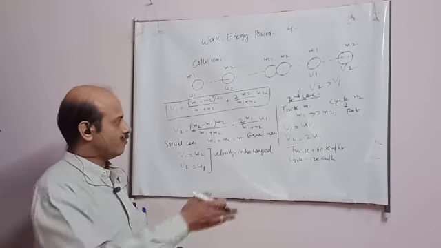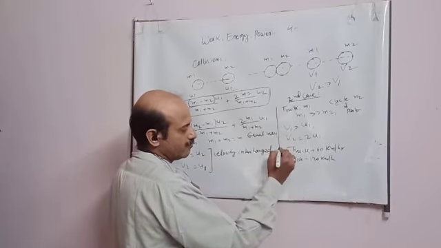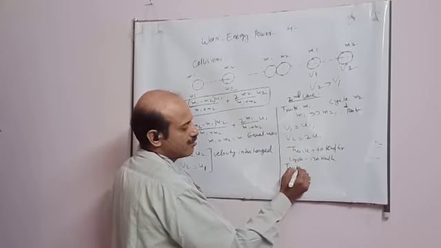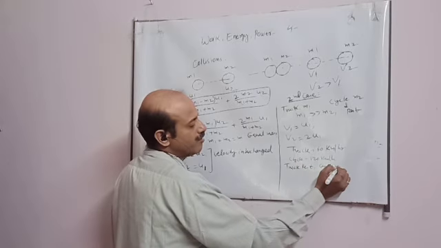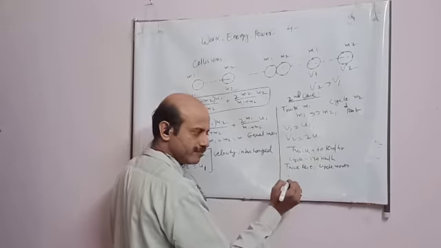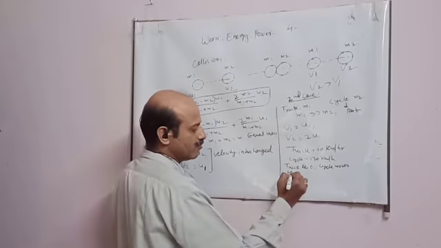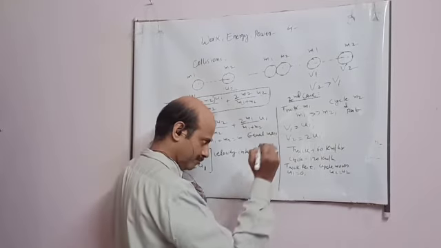Now let's see the other way around, student. Suppose the truck is at rest and the cycle moves. Truck at rest means U1 is 0 and the cycle is moving with velocity U2.